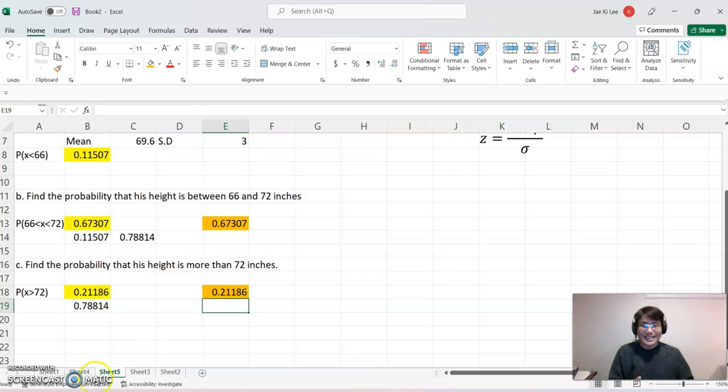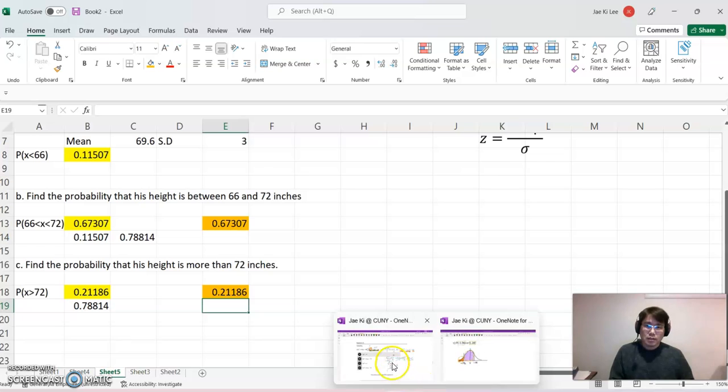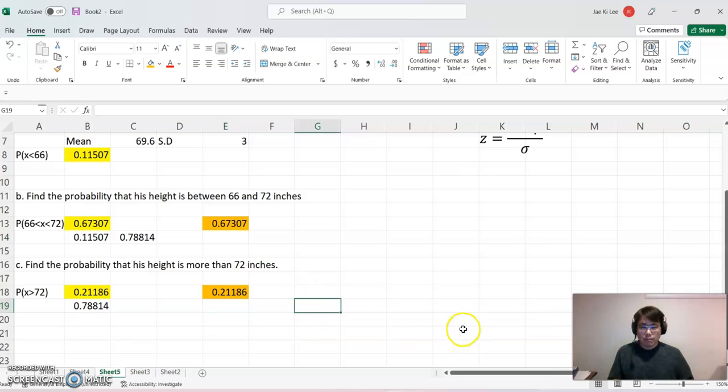Then we get exactly the same answer. You can choose either way, but both will provide exactly the same answer.